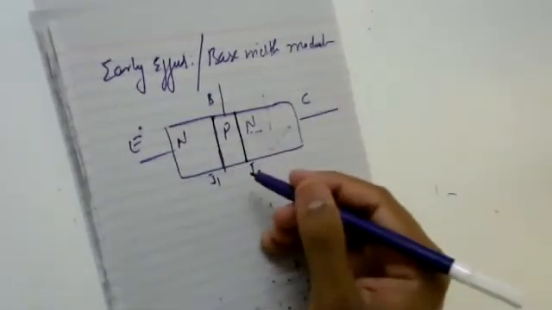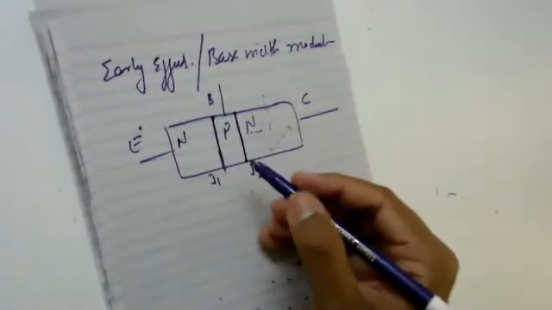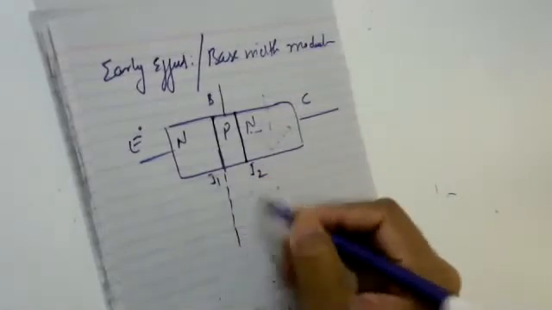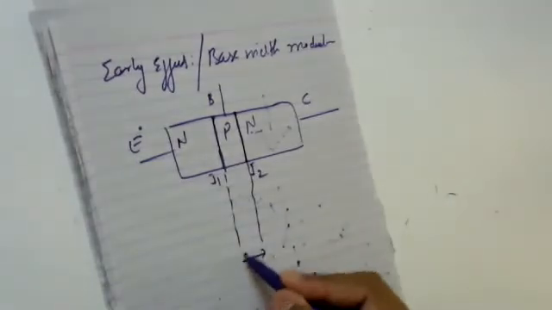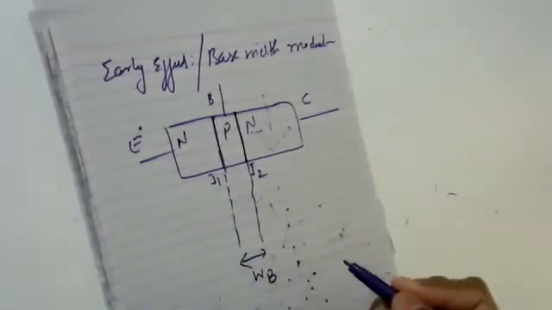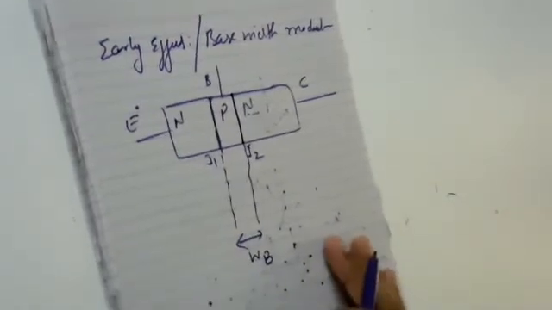Now let me say that this width we are going to address as WB, where WB stands for width of base.